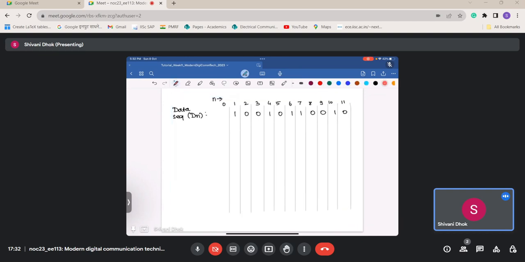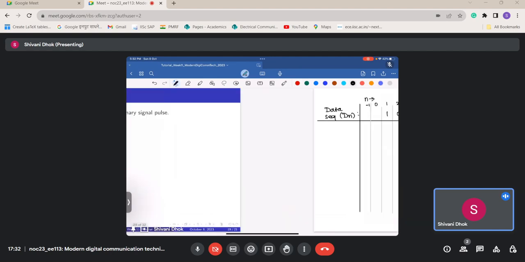And I'll also draw what all things we need to find. So the first thing that we need to find here, I'll add minus 1 also. So the first thing that we need to find is your data sequence, and we need to find your pre-coded sequence.